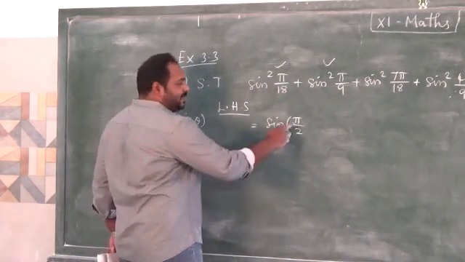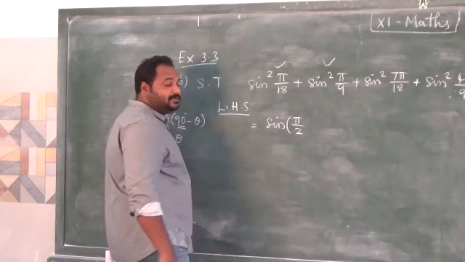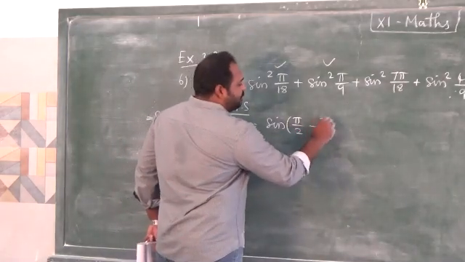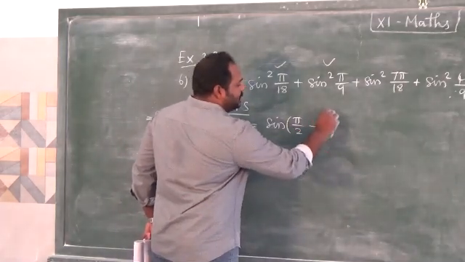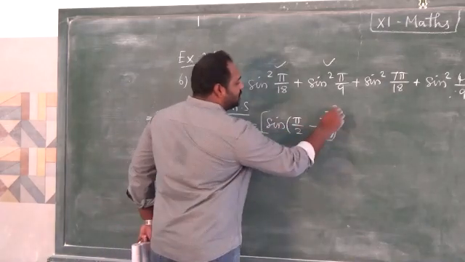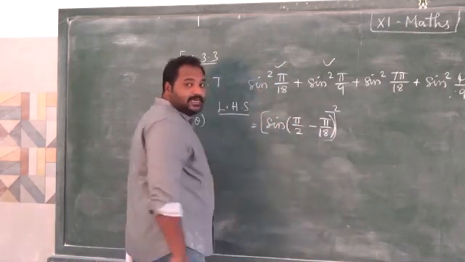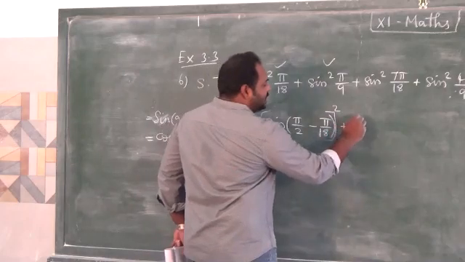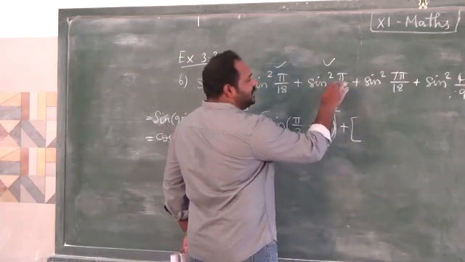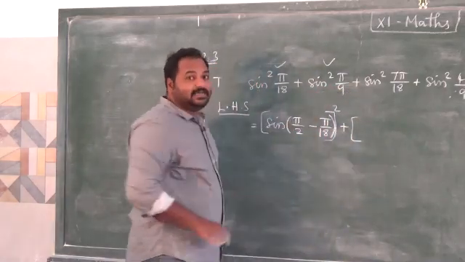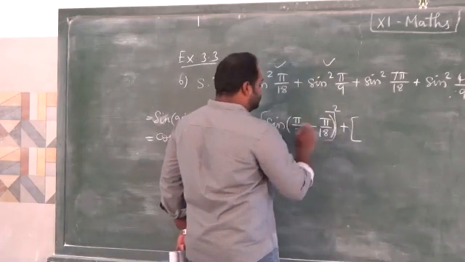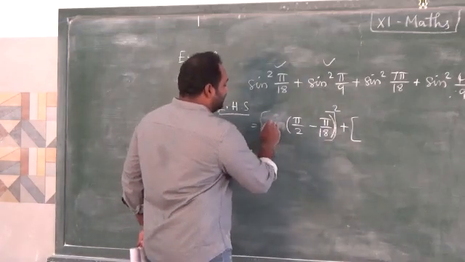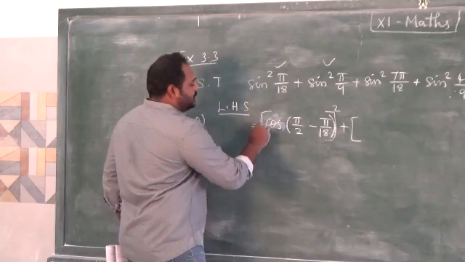So instead of 90 I am taking pi by 2 minus pi by 18, whole square, because we have a square. Plus here too, sine square pi by 9, I am going to convert into cos square.